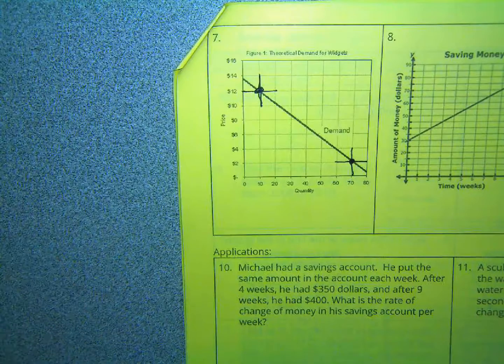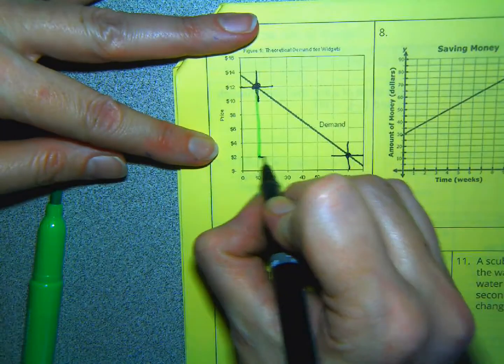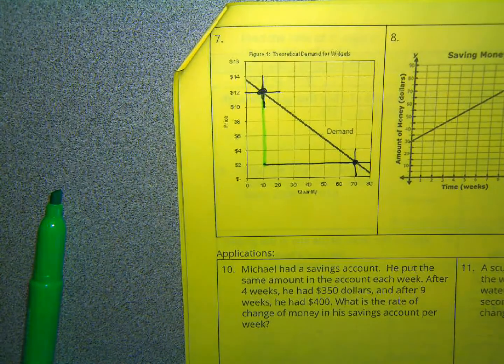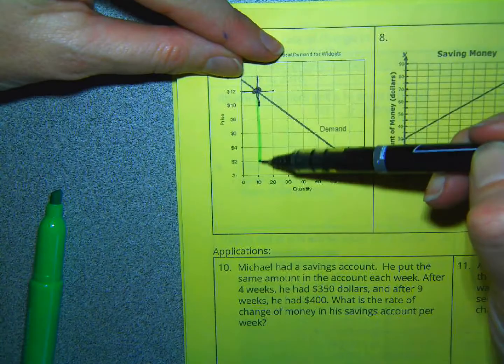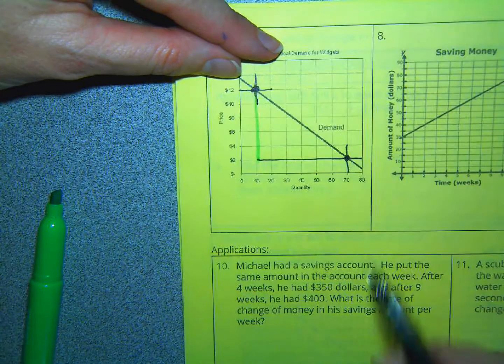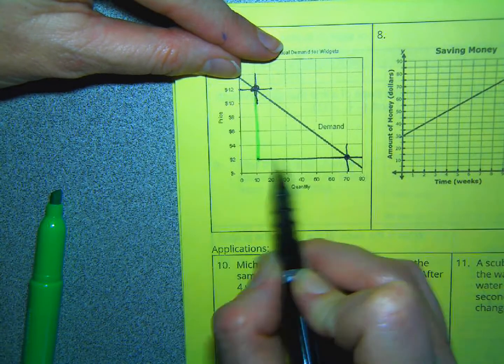So what is my vertical change over my horizontal change, my rise over run? Take a look at that for a second. Again, I'm trying to consistently put vertical change in green.